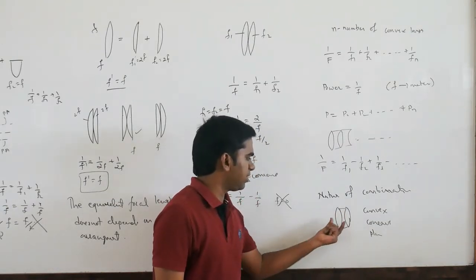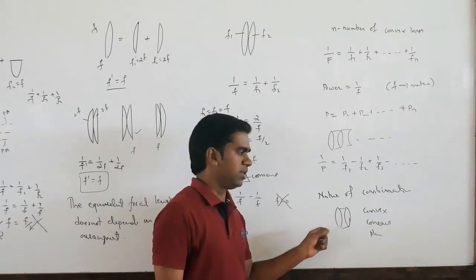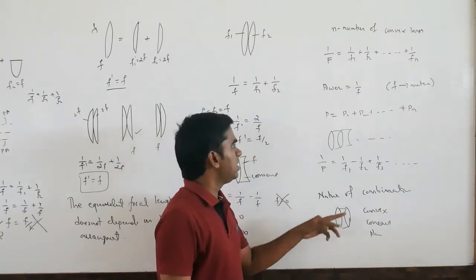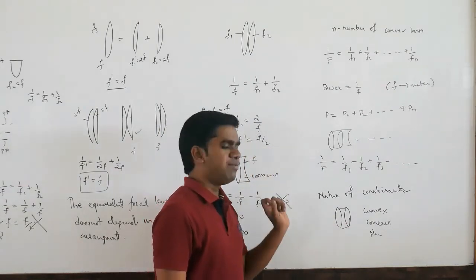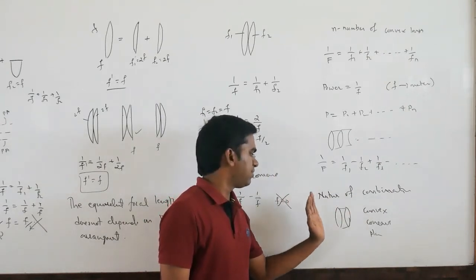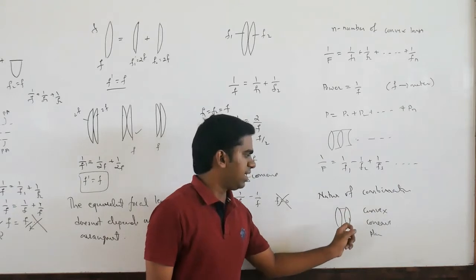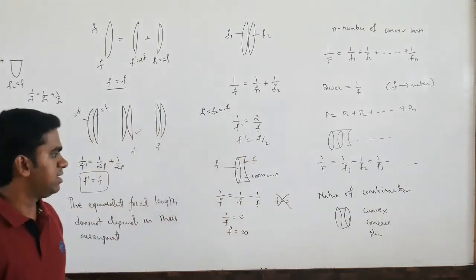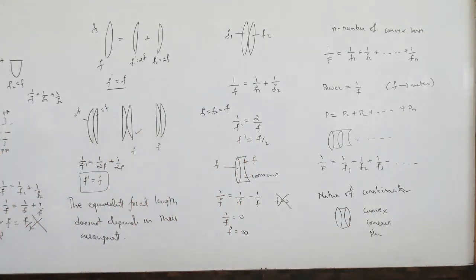We cannot say by looking at the diagram whether it is convex or concave. You have to calculate the focal length with the help of this formula. If the focal length is positive, then you can say it is convex. If the equivalent focal length is negative, then you can call it a concave lens. So there we can use this formula.